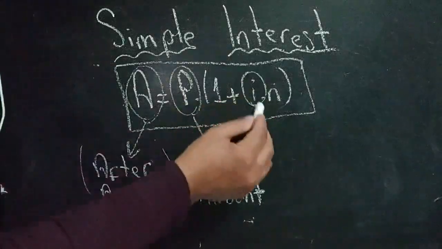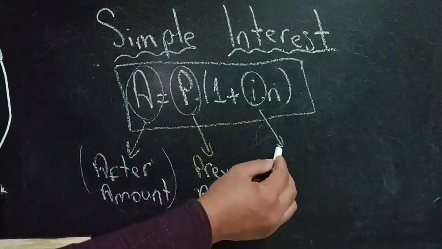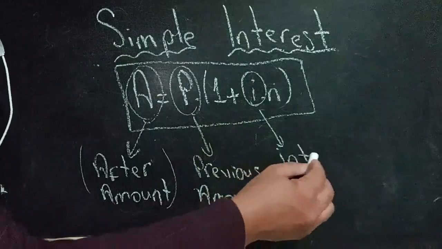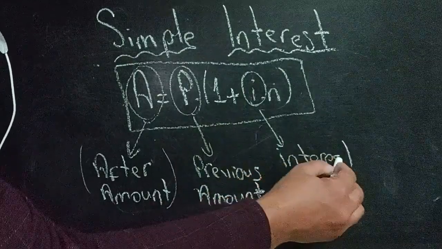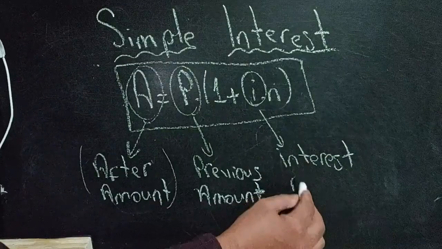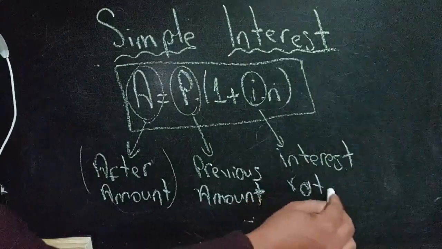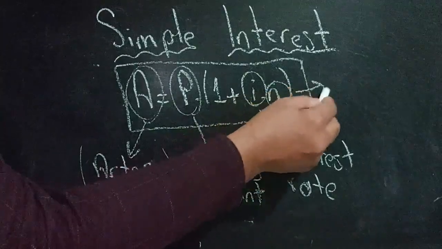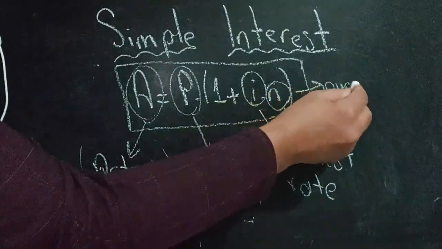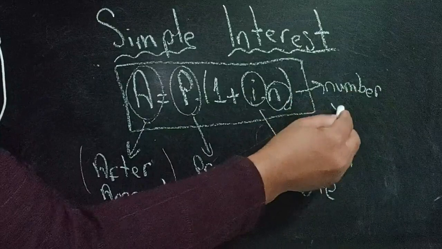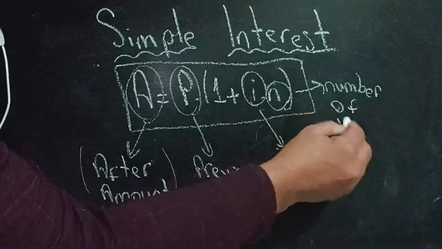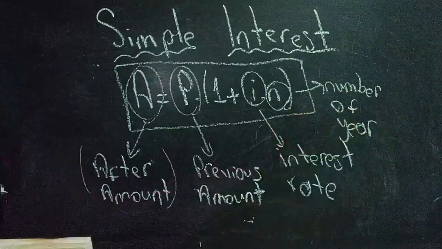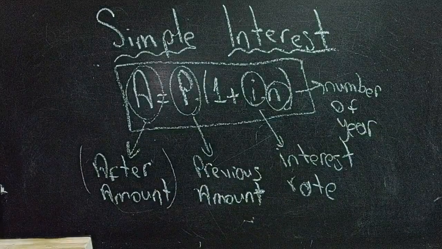So the I is the interest rate, and the N is the number of years. All right.